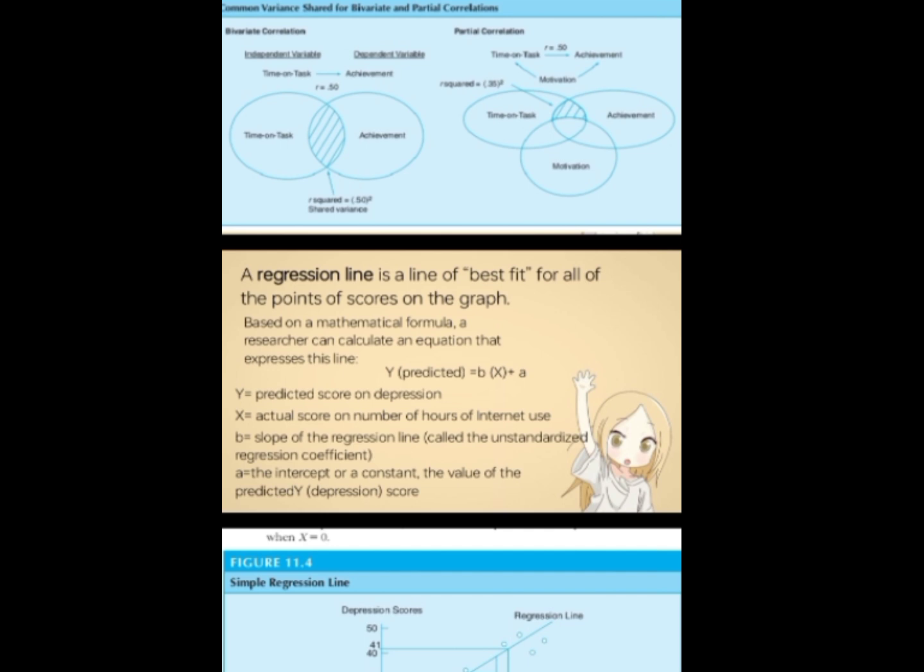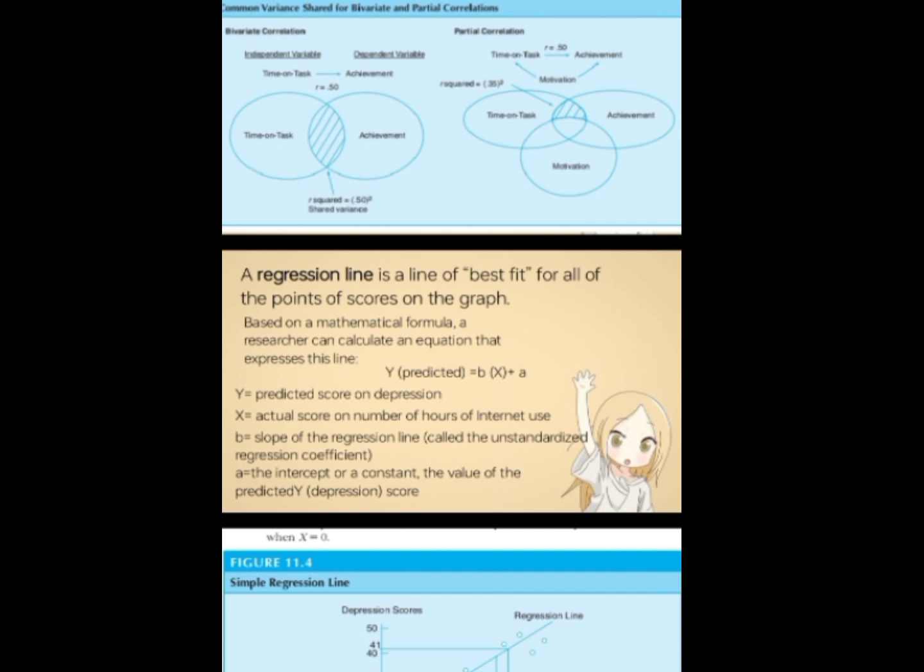A partial correlation statistical analysis is used that removes the shared variance in both time on task and achievement by motivation. The hatch mark area indicates this shared variance left after removing the effects of motivation, and the r squared equals 0.35, which is now lower than the original correlation of r equals 0.50. The next is multiple regression.